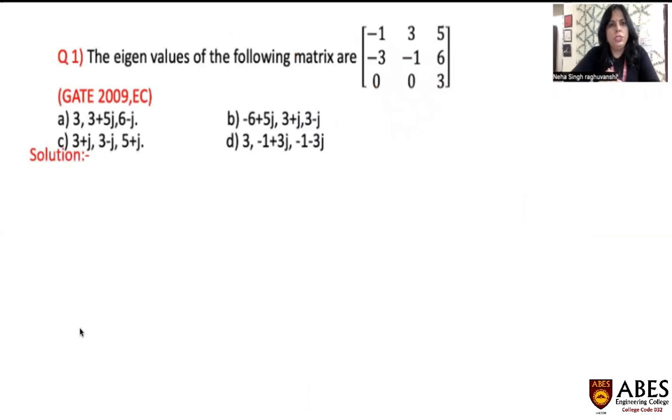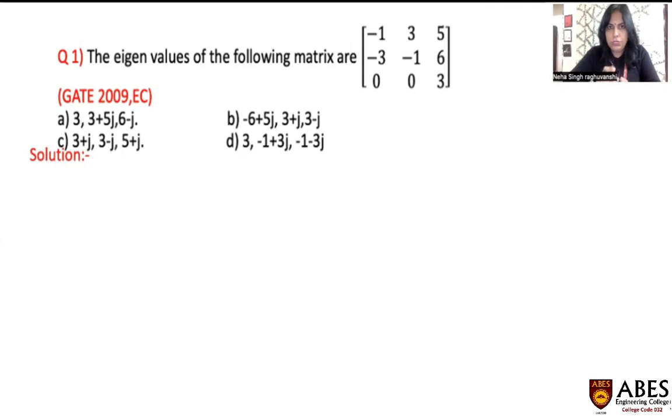In this question, the eigenvalues of the following matrix are, we have four options, A, B, C, D. As you can see, we are going to find the answer by using short tricks.